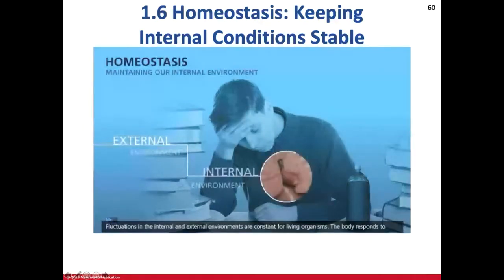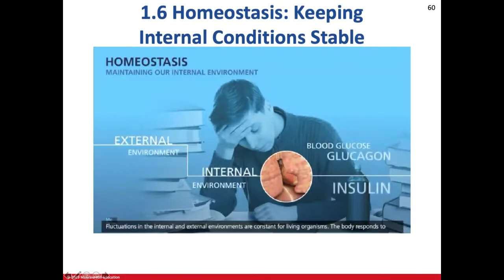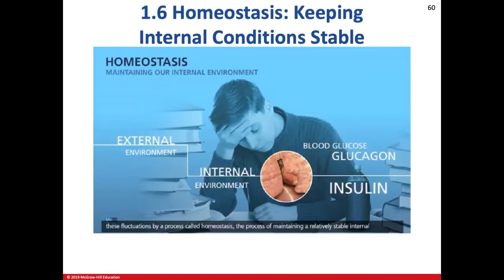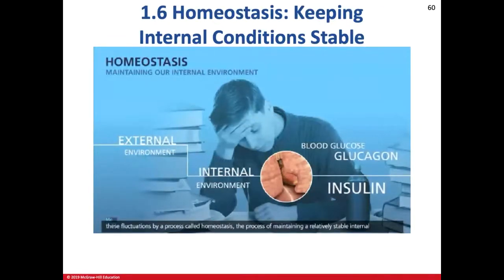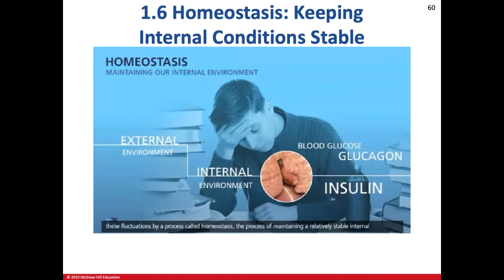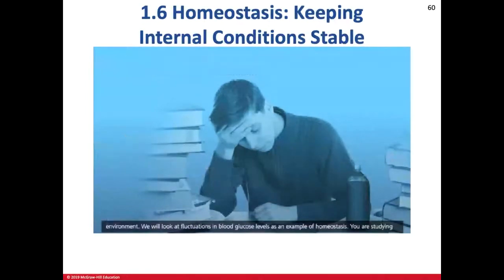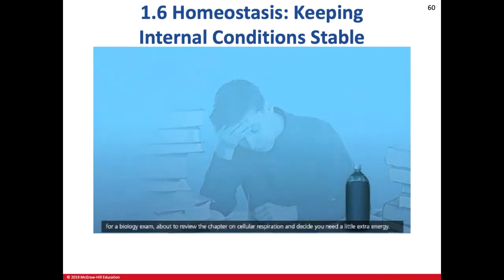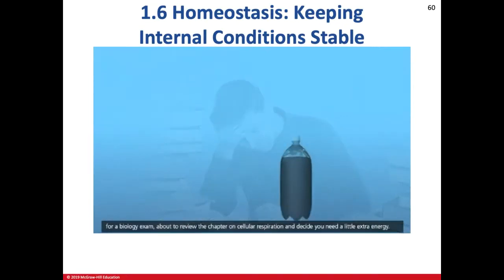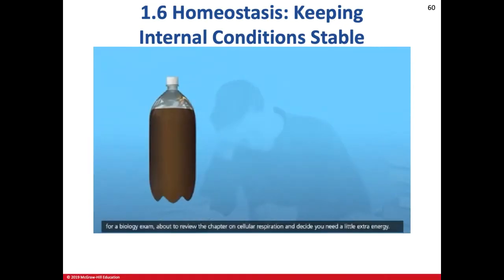Fluctuations in the internal and external environments are constant for living organisms. The body responds to these fluctuations by a process called homeostasis, the process of maintaining a relatively stable internal environment. We will look at fluctuations in blood glucose levels as an example of homeostasis. You are studying for a biology exam, about to review the chapter on cellular respiration, and decide you need a little extra energy.